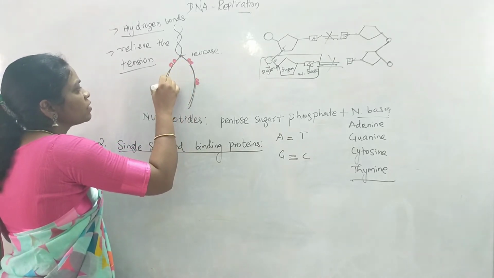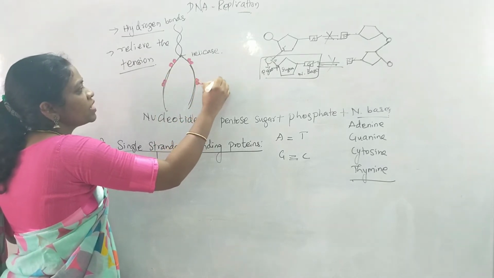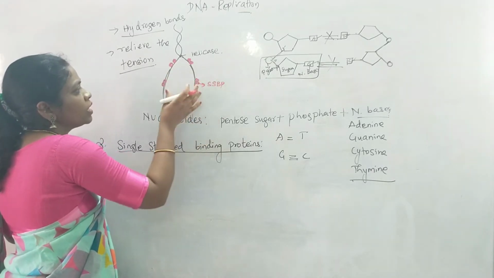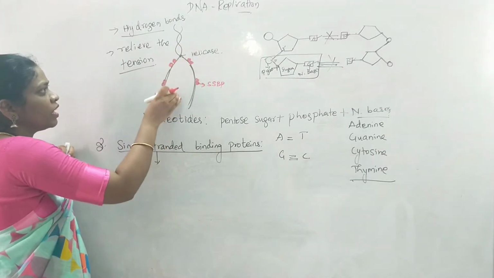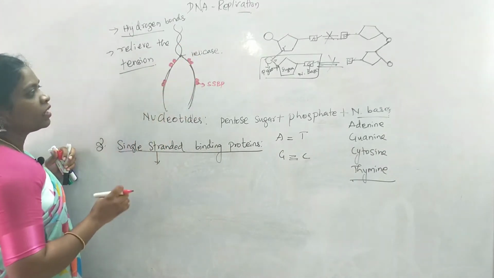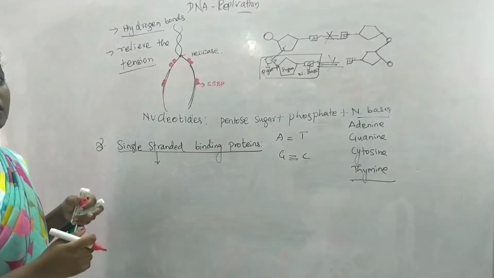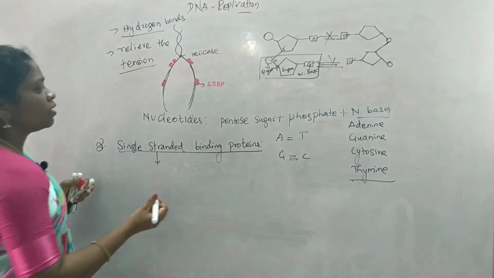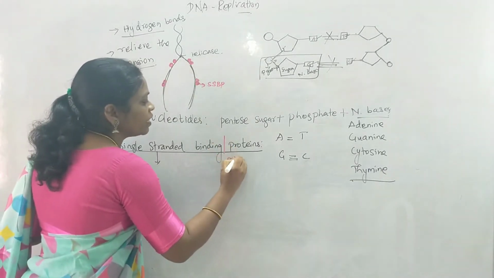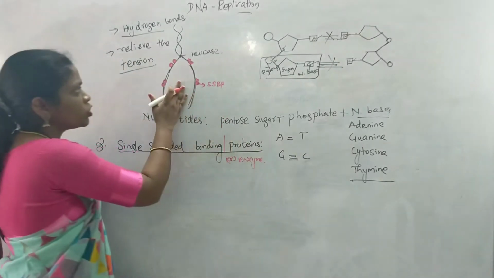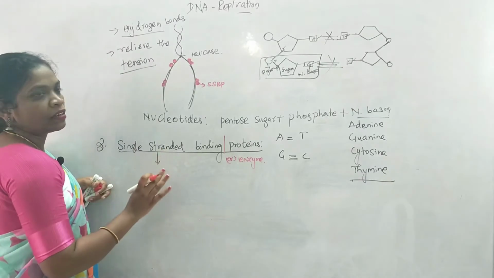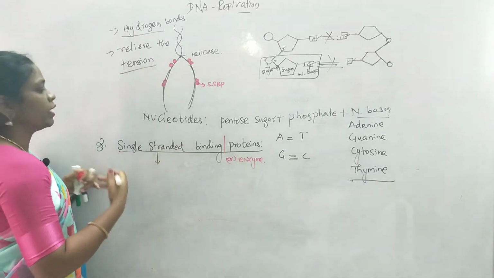These binding proteins will hold the strands of DNA and not allow them to recoil. That is the function of single-stranded binding protein, also known as single-stranded binding enzyme. This makes sure the DNA strands stay separated and do not coil again.